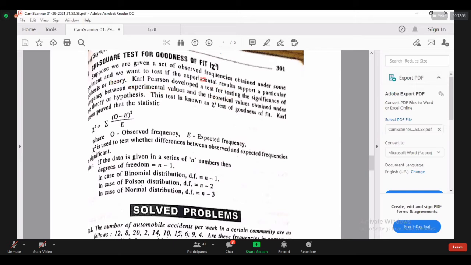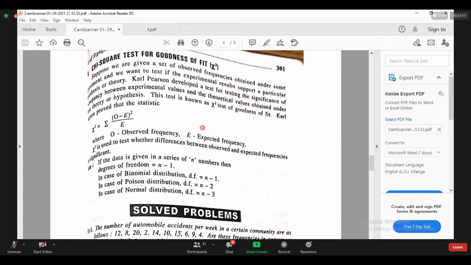Here the chi-square test is used for checking whether there is a difference between observed and expected values.